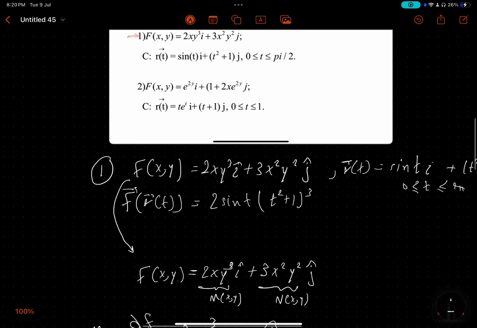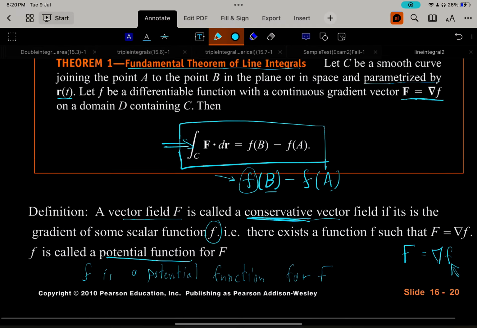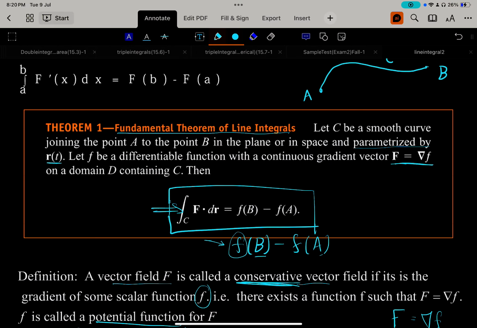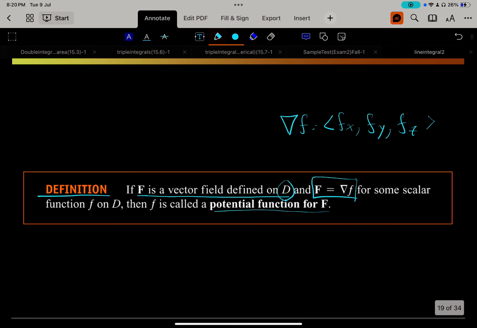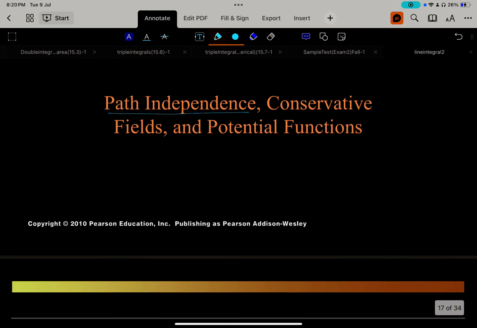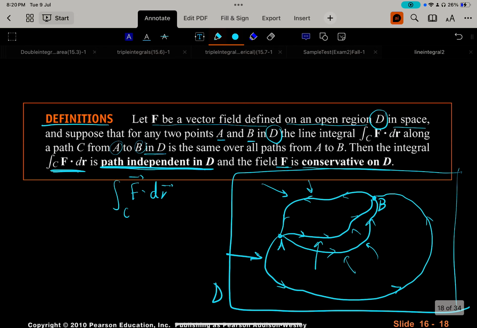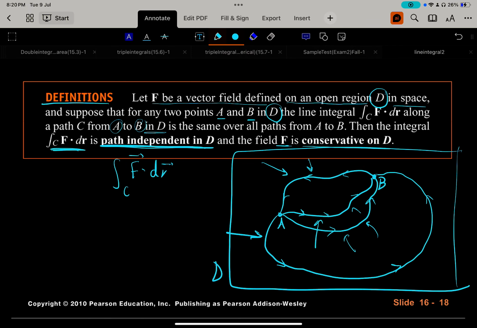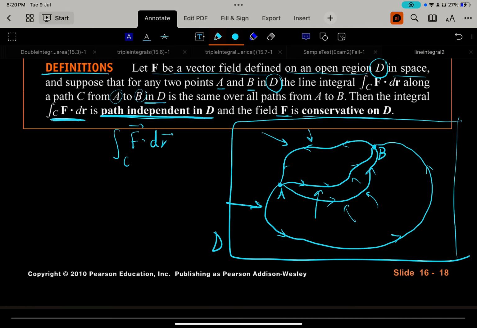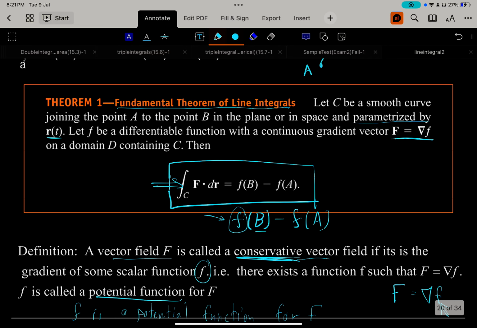So a is just 0 and b is pi over 2. Is that right? Now what are the points a and b? Let's double check. The points a and b are surely not t's, so it's not a parameter.